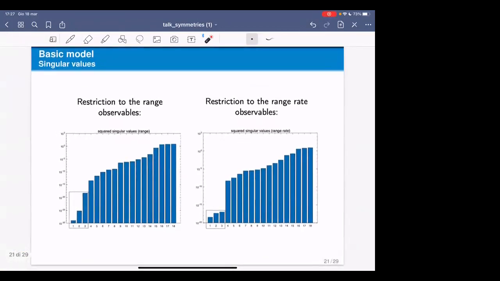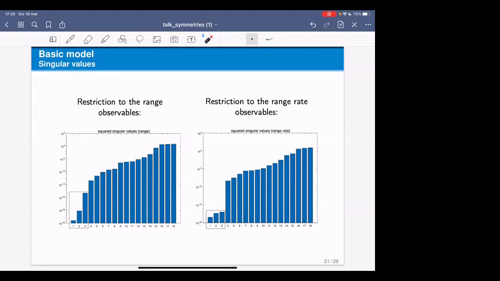These are the eigenvalues of the basic model. So it's just Mercury, the Earth, the solar system barycenter, and the spacecraft. There are no perturbations at all, and we only see 3 eigenvalues which are smaller than the others. This means that there is not an approximate rank deficiency of order 4, but at most it could be of order 3. So this is the proof that there is no scaling symmetry.